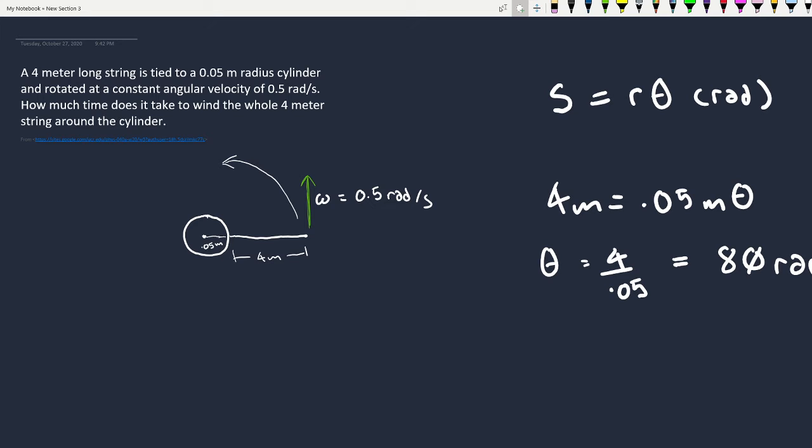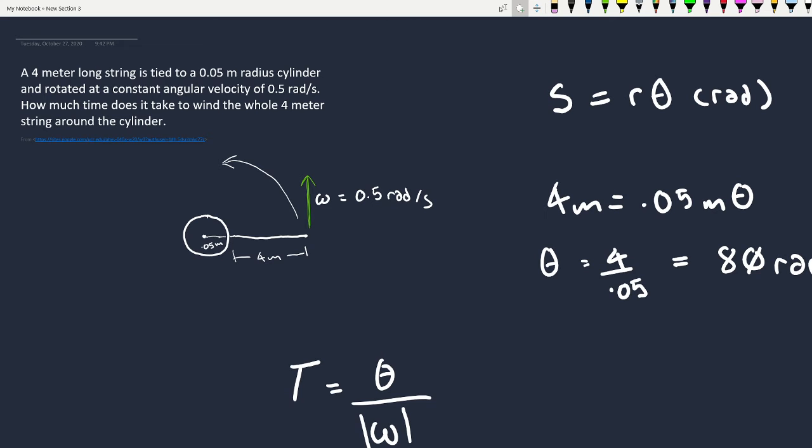80 radians. Then we can take this 80 radians and plug it into our time/period formula, which is going to be T is equal to the angular position divided by the angular velocity.